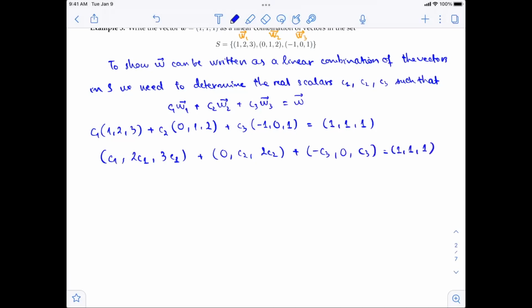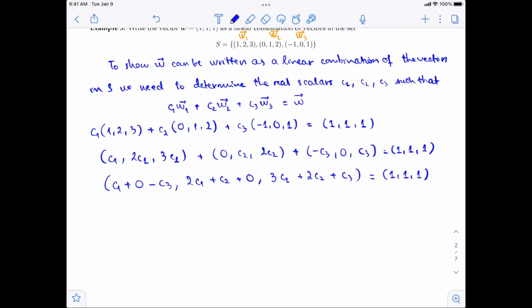From here, you combine the three vectors together using addition, and you have (C1 + 0 - C3, 2C1 + C2 + 0, 3C1 + 2C2 + C3) equal to (1, 1, 1).